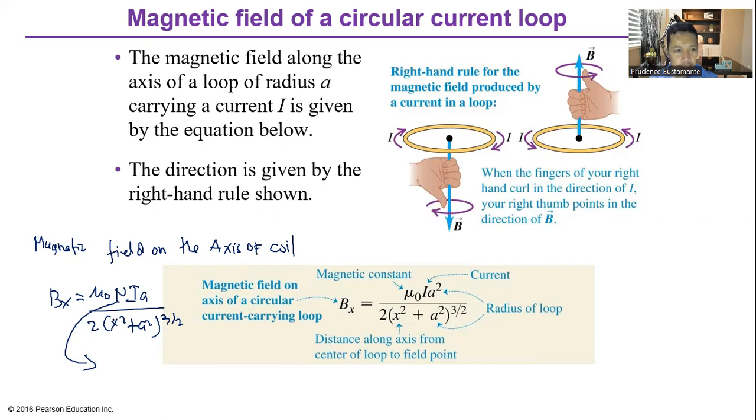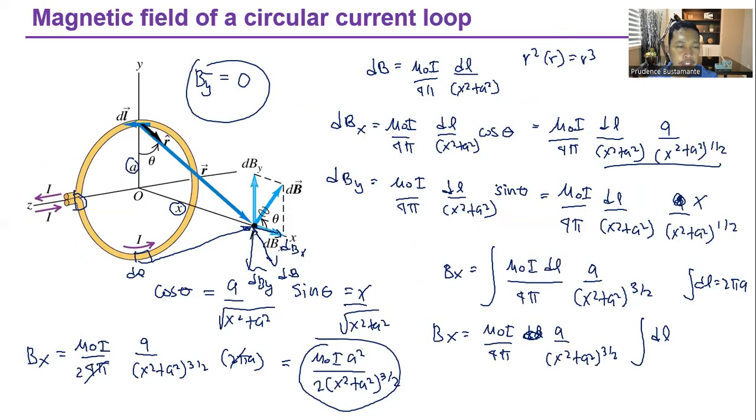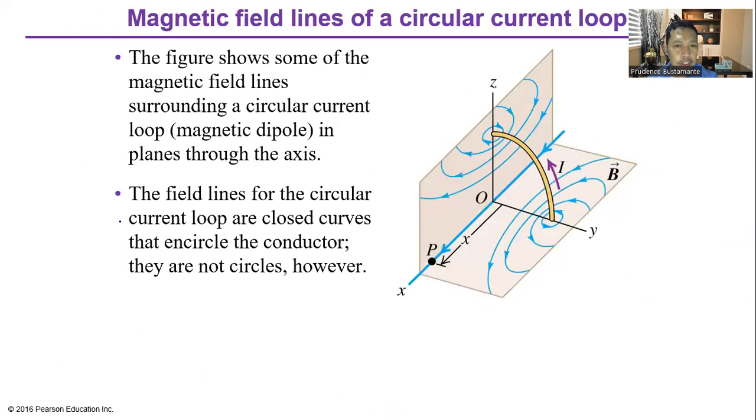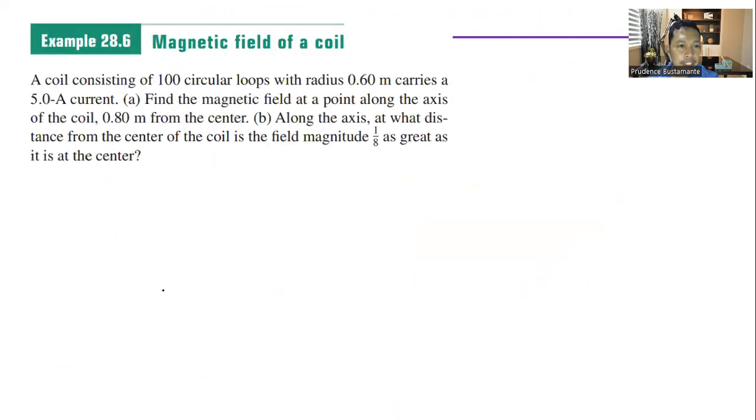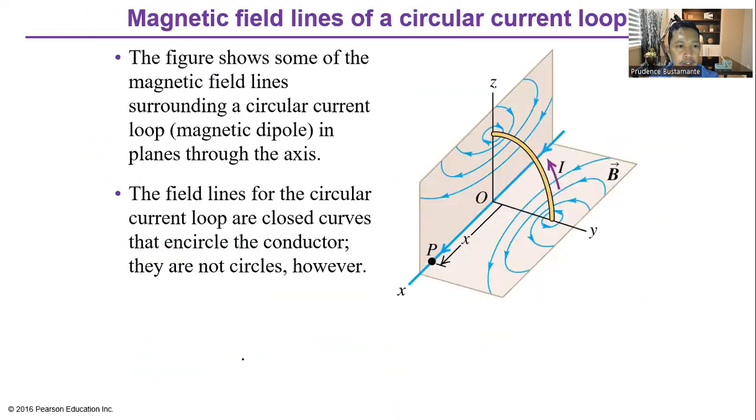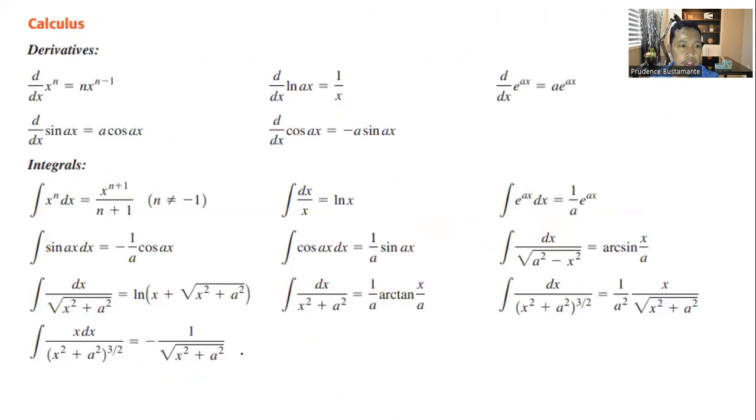At the center, x is equal to 0, so the field is equal to mu naught N I over 2a. Meaning, at this point, you can find the magnetic field equal to this.